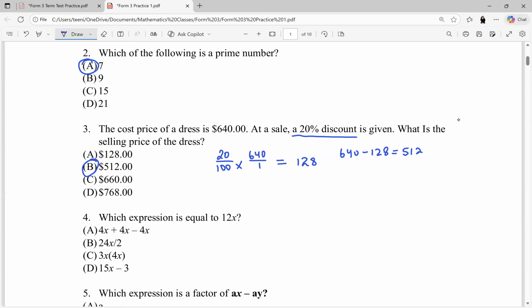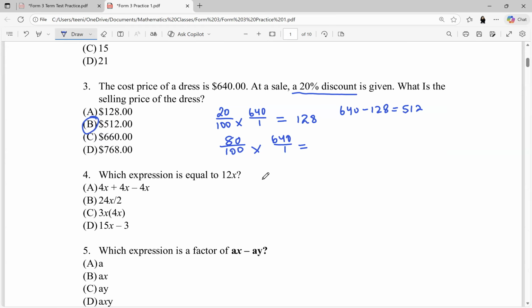So 100 minus 20 is 80. So the selling price would be 80%. So you could have also found 80% of 640, and you'll see that that gives you 512 as well. So just to make sure, 80% of 640 is 512.